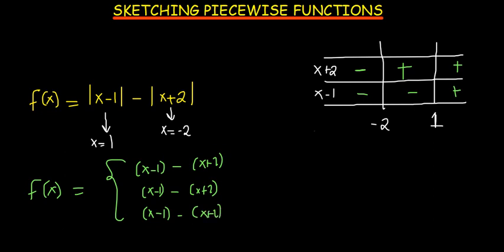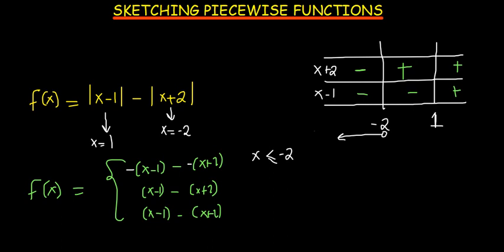So if you look at this function, the first values we want to talk about are values of x less than negative 2. So say x is less than, or even less than or equal to, negative 2. You can see both functions are negative. So to these two functions, I'm going to attach a negative in front.